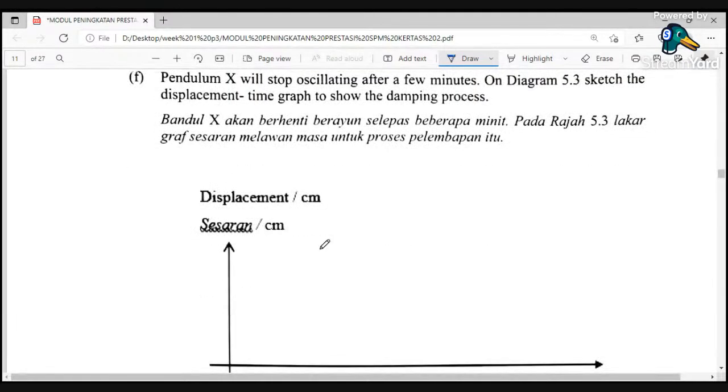F, the pendulum X will stop oscillating after a few minutes. On diagram 5.3, sketch displacement-time graph to show damping process. Apa maksud damping? Pelembapan. Amplitude decreases with time.